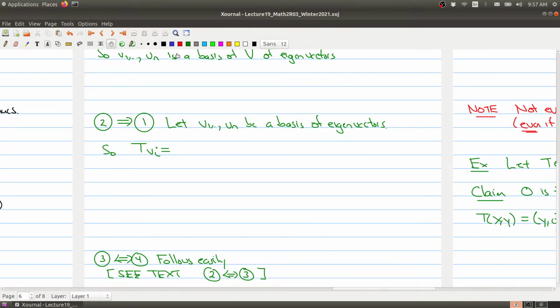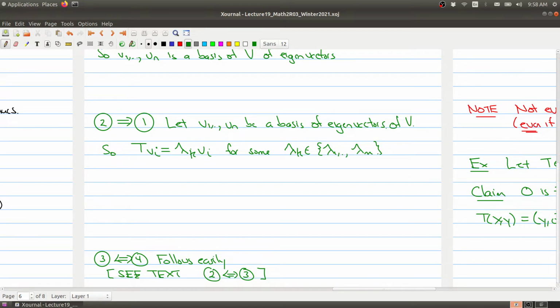Let's look at the second statement, 2 implies 1. Suppose that we have a basis of eigenvectors of the vector space V. What we know is, moving down each of my eigenvectors, T evaluated at vi is the same thing as lambda k times vi for some lambda k in my collection of eigenvalues.